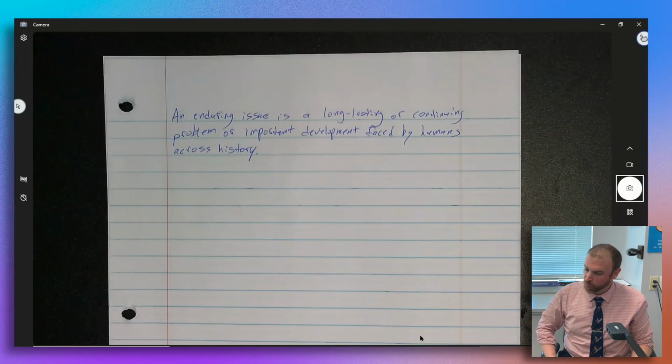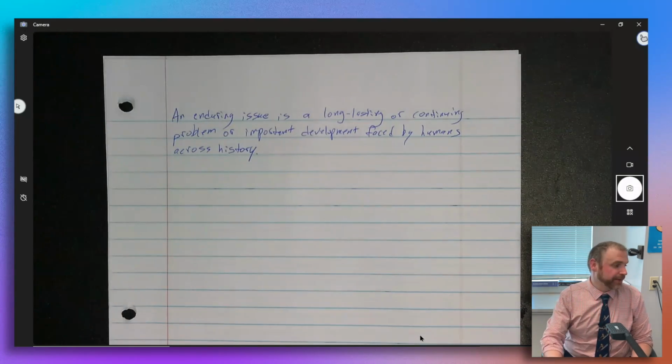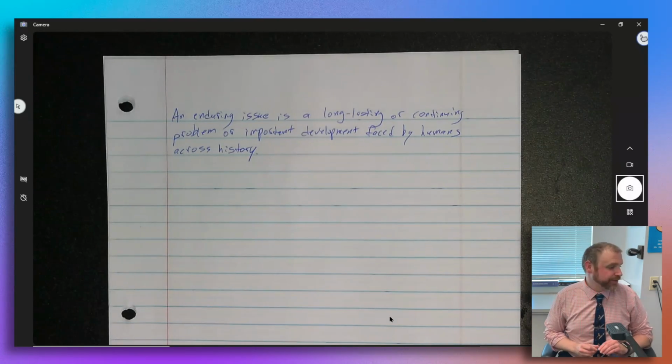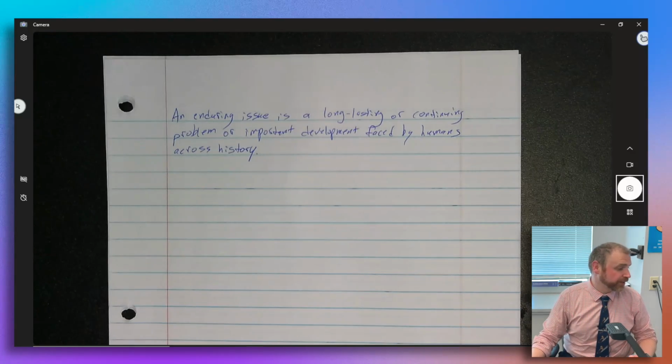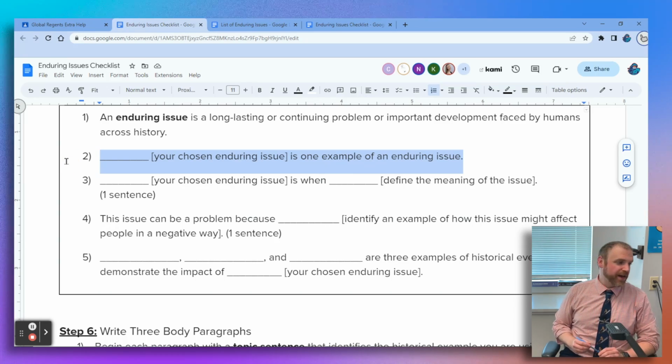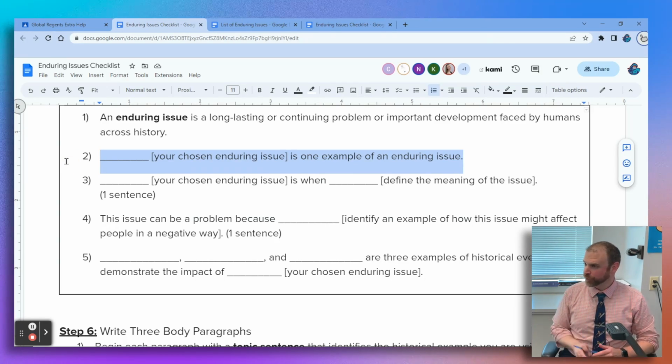It sets a good tone. Okay, so that would be my suggestion for how to start your introduction paragraph. Your teacher might have a different way of going about it. That's totally fine. This has worked for me in the past, and my kids have had some success with this. So this could be a good way to go about it. I think your second sentence should be dedicated towards indicating to the reader what the enduring issue is that you're going to choose.